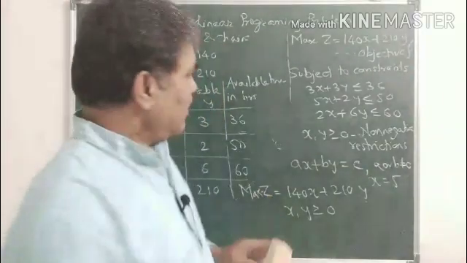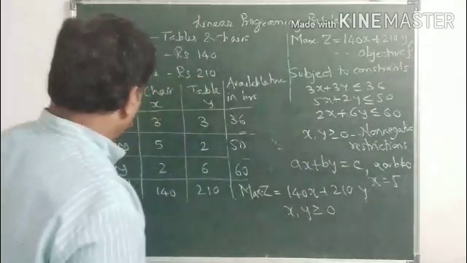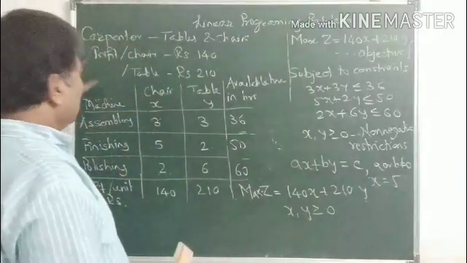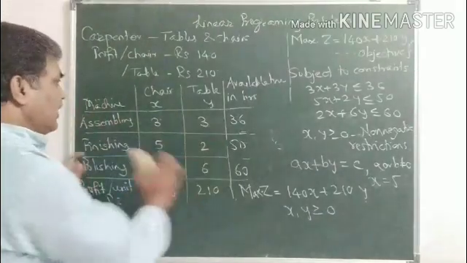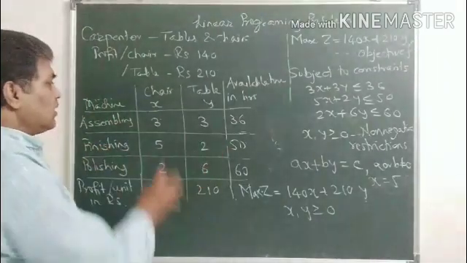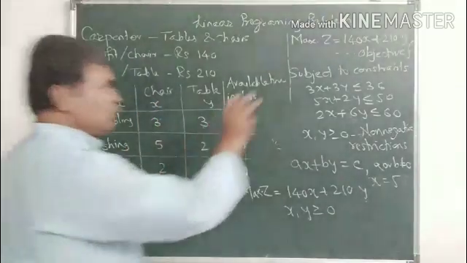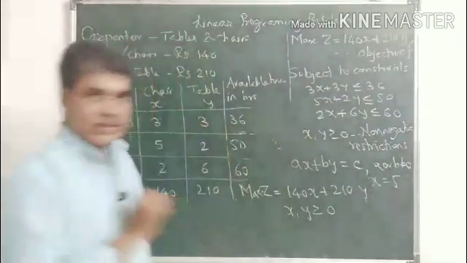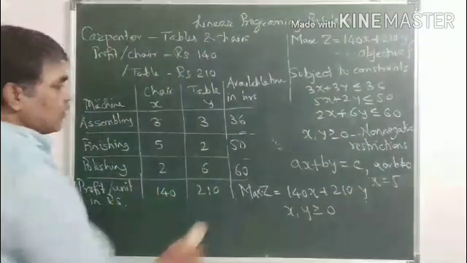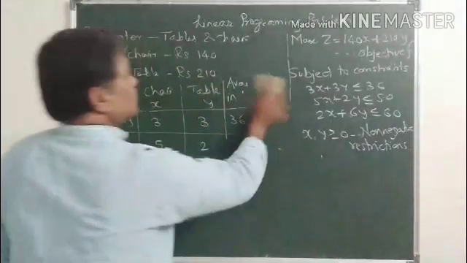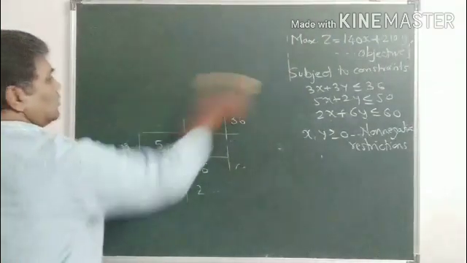So our aim is to draw these inequalities now. Now we are not interested in this table. If a table is not given and only the problem is given, then you have to form such a table first. That table is always useful to write and draw the inequalities.